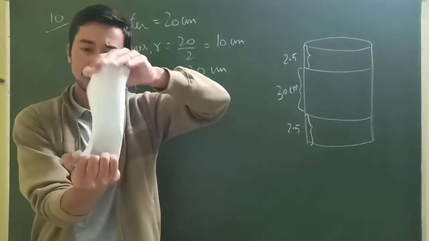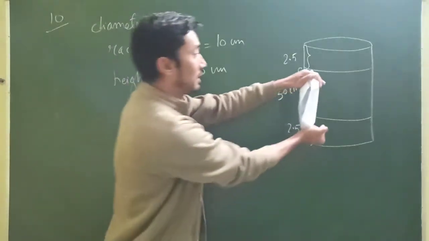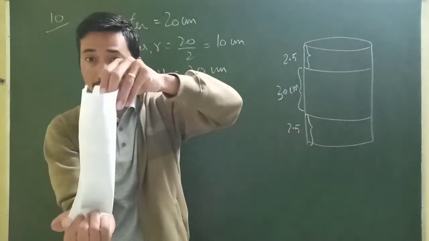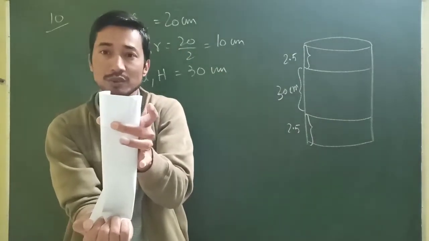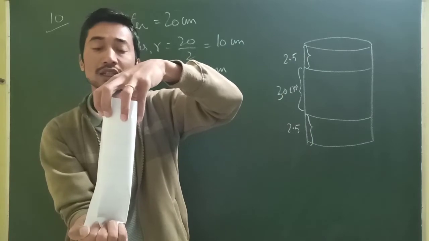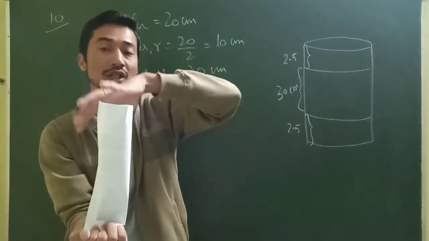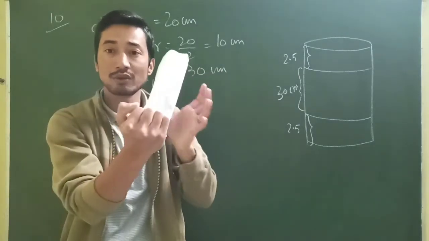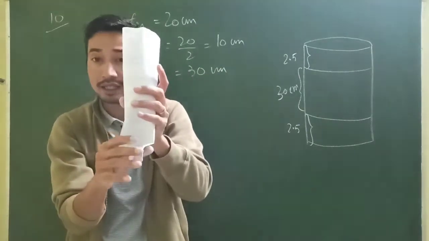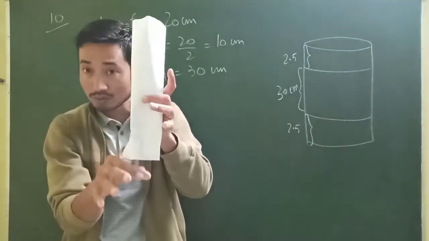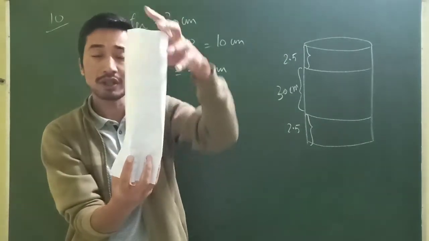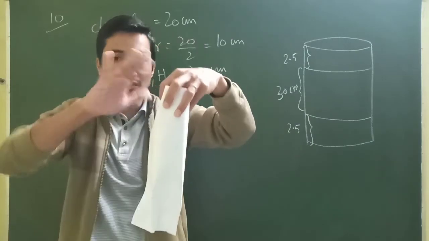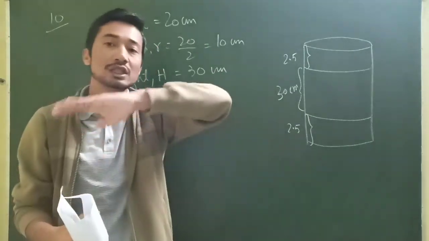So this is the frame, the middle portion, and this portion that I use is left for folding over the lampshade, and the bottom portion is again 2.5. Both the top and the bottom portions will be kept extra for folding over the lampshade.